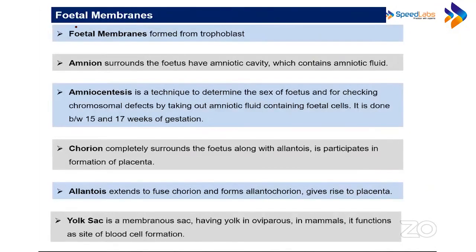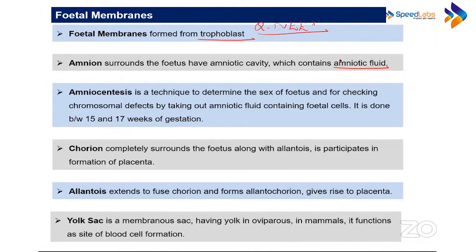Fetal membranes. Now this is a neat question from NCERT. Fetal membranes are formed from the trophoblast. Amnion surrounds the fetus, has the amniotic cavity. So the fetus is suspended in the amniotic cavity. Amniocentesis is a technique of sex determination. You must have heard. People go for sex determination.